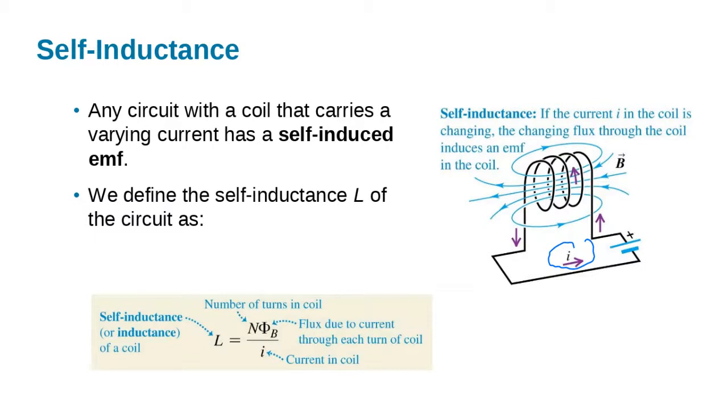And then we can define the self-inductance of a circuit. We use the symbol L, rather than the symbol M for mutual inductance. This is just saying how good the self-inductor is. Similarly, we've got the number of turns N multiplied by the flux that we get through the coil, divided by the current.